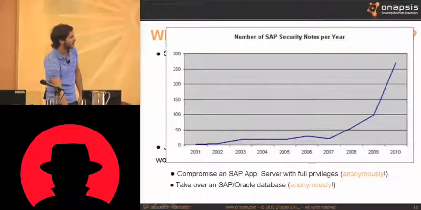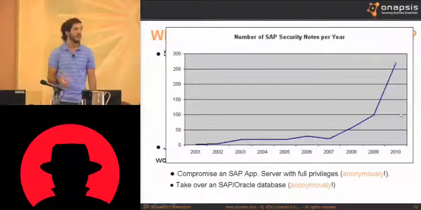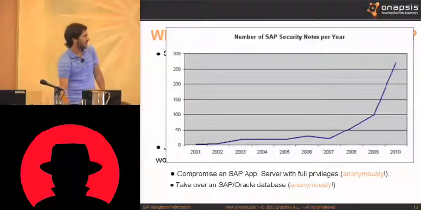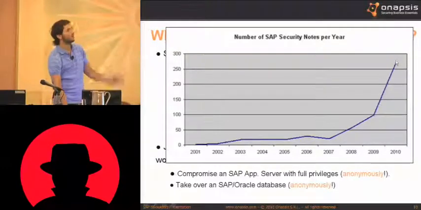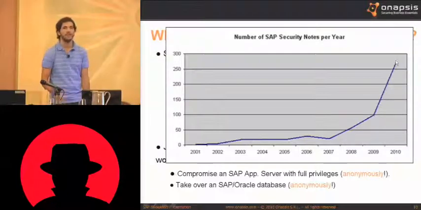It was growing slowly until, I hope I have nothing to do with this, but I did a presentation in 2007, and we see a really high increase in the number of security notes that SAP releases every year. We were talking about fewer than 50, I think 20-something, in 2007, and we are probably going to end this year with more than 300 security notes per year.